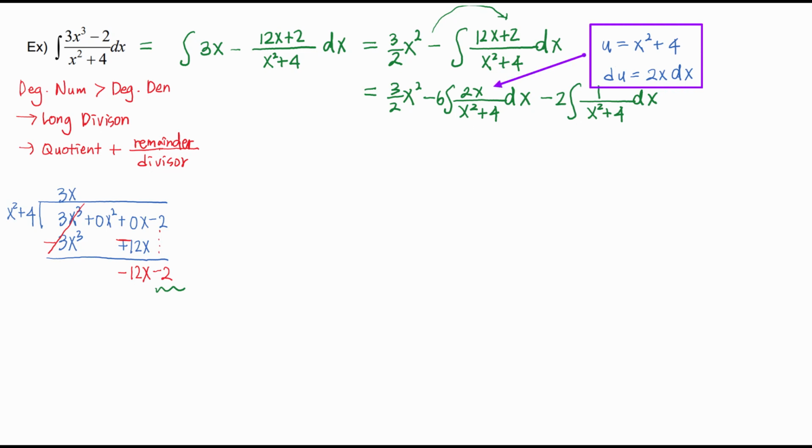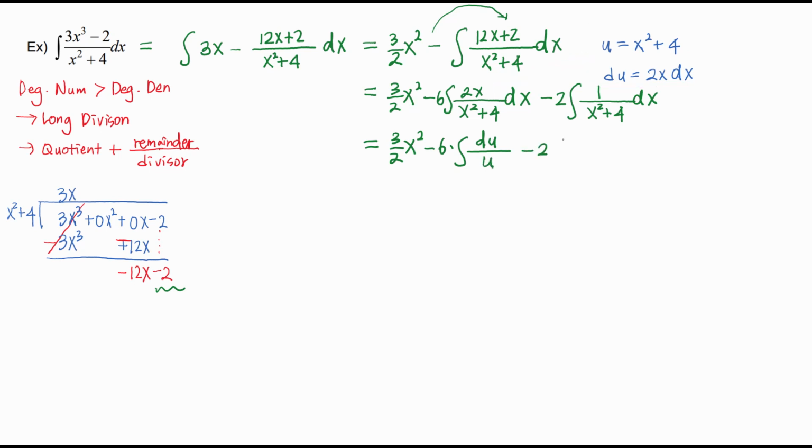So then I have 3 over 2x squared minus 6 times, now 2x dx is du over x squared plus 4 is u, minus 2 times the integral of 1 over x squared plus 2 squared dx.